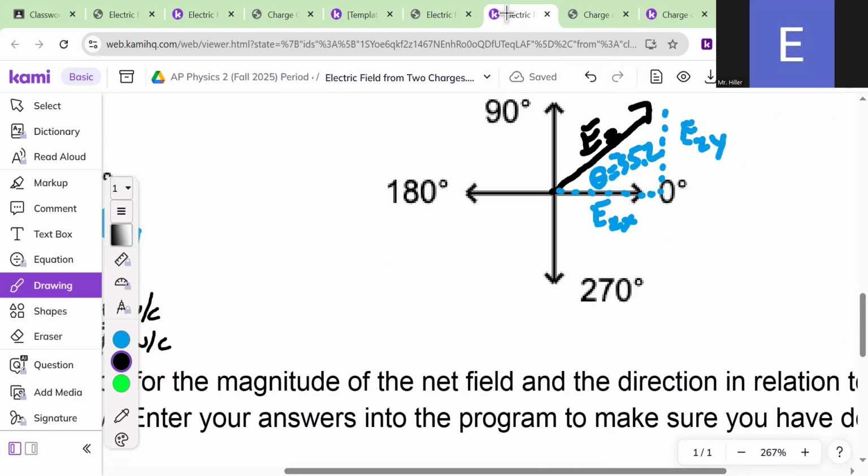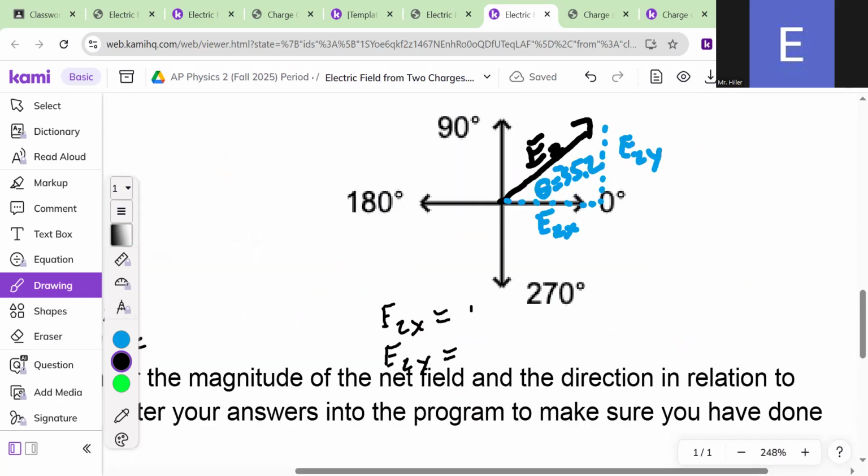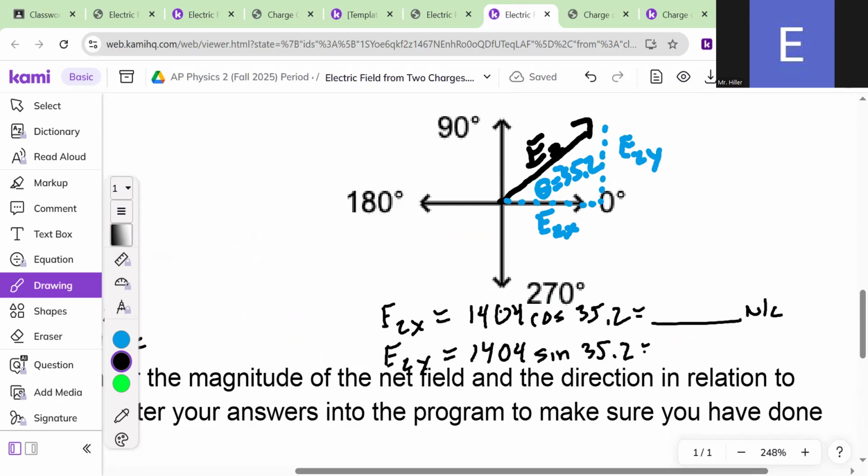E2, same thing. I'm going to find E2 in the X direction and E2 in the Y direction. Now, E2 was 1404. So we're going to go 1404 cosine 35.2. And we'll go 1404 sine 35.2.